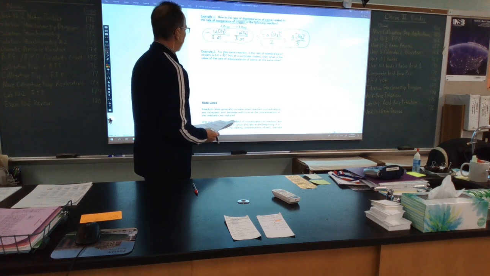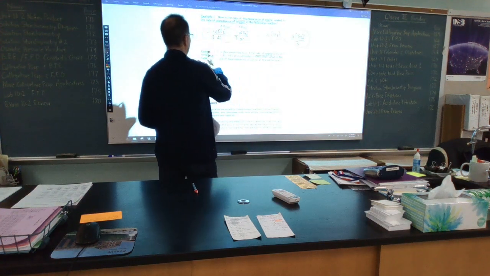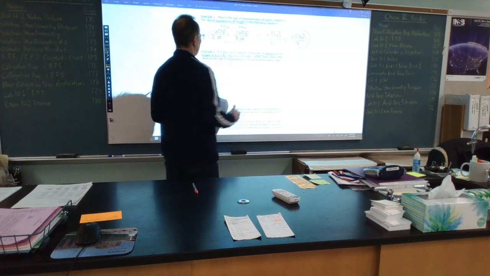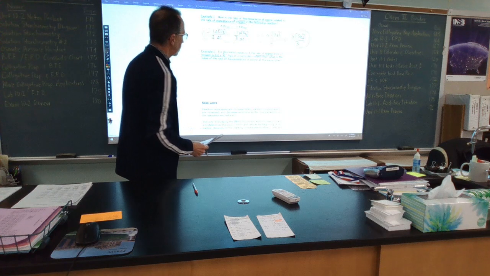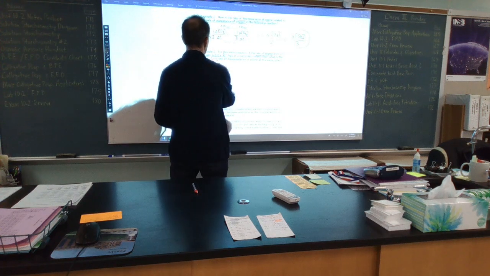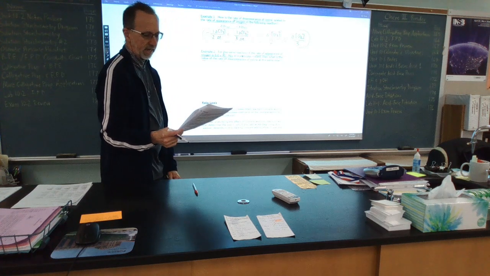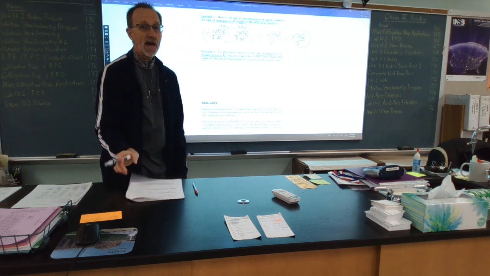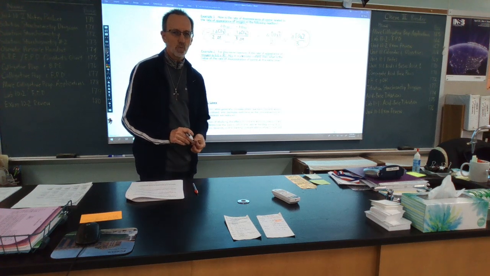The second example for this same reaction: if the rate of appearance of oxygen is 6.0 times 10 to the -5 molarity per second at that particular instant, what is the value of the rate of disappearance of ozone at this same time? Okay, so now we're going to use our reaction and actually calculate rate.